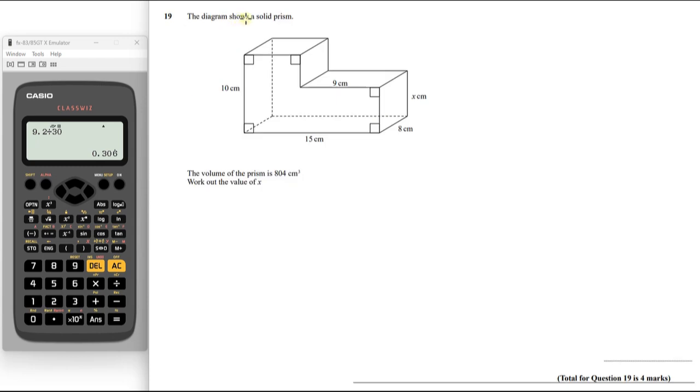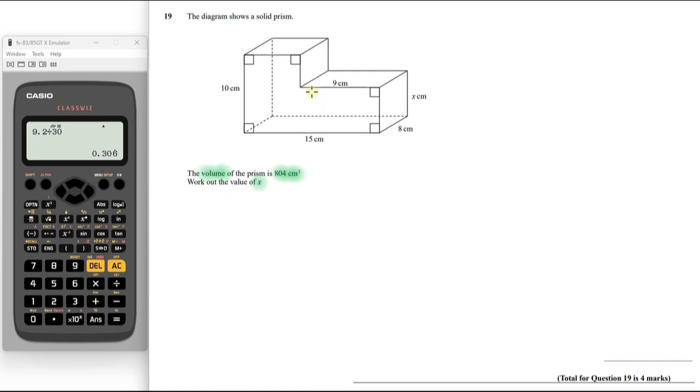Question 19. The diagram shows a solid prism. The volume of the prism is 804 centimeters cubed. Work out the value of x. What I'm going to do is write down an expression for the volume and then set that equal to 804. So how would we calculate the volume of this prism?